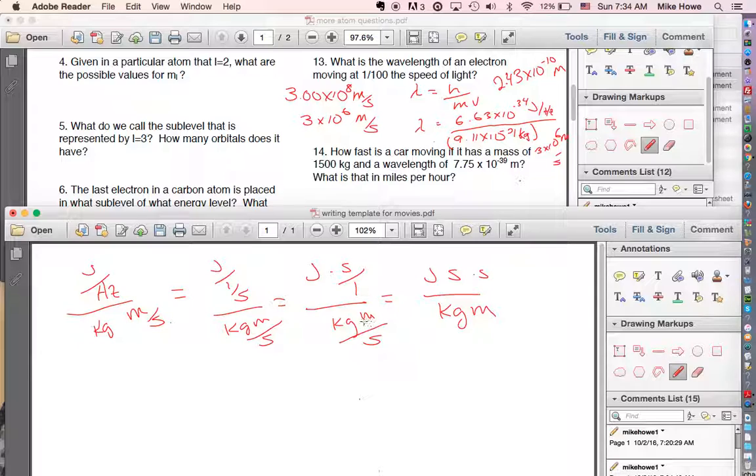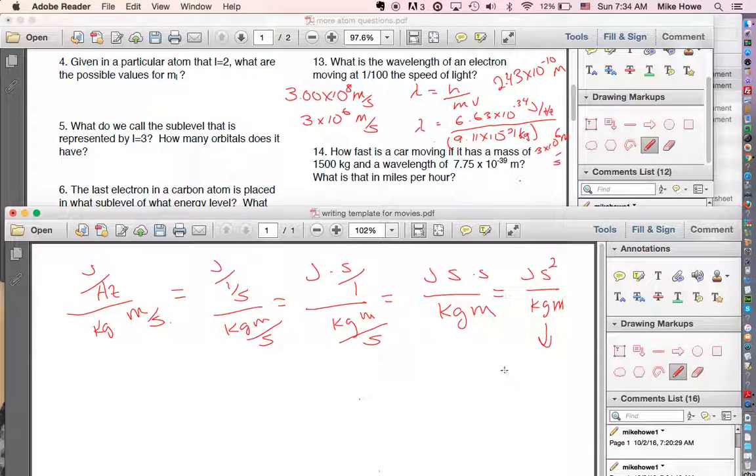For the same reason, when you divide a fraction by a fraction, you multiply by the reciprocal. So that equals a joule second squared per kilogram meter.